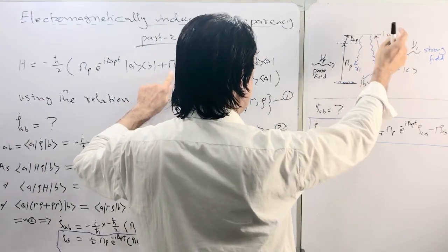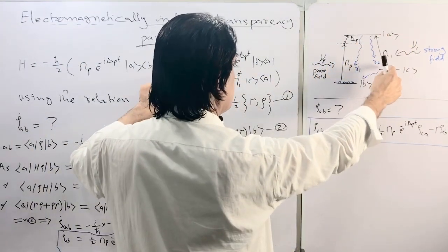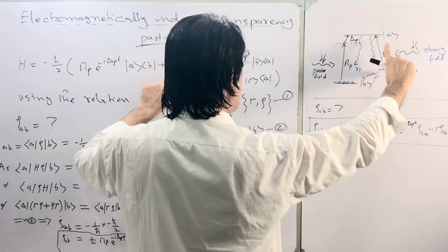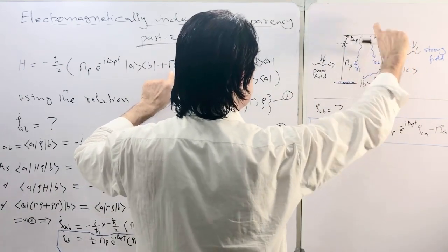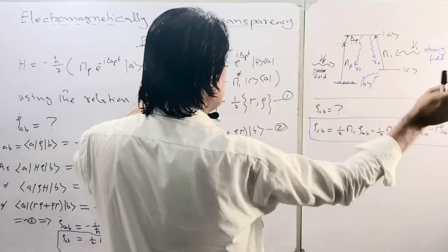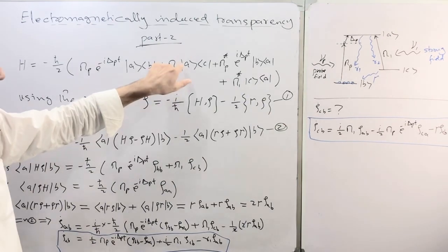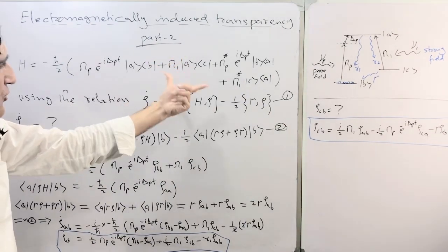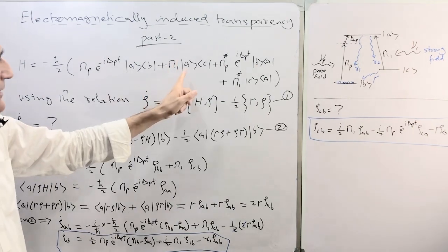This field is completely resonant with this transition frequency. So the detuning is equal to 0, and exponential power 0 is equal to 1. So we have only omega 1 AC.